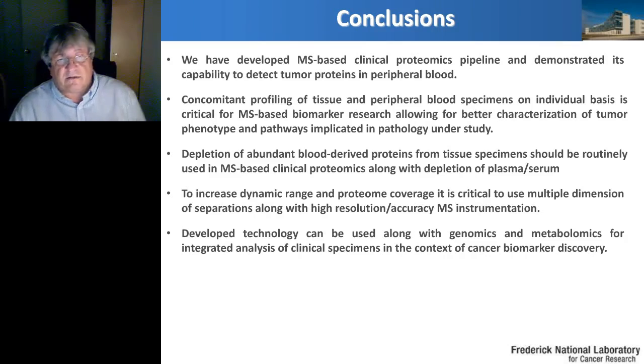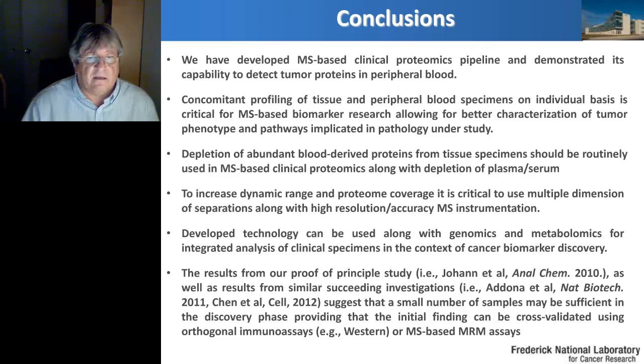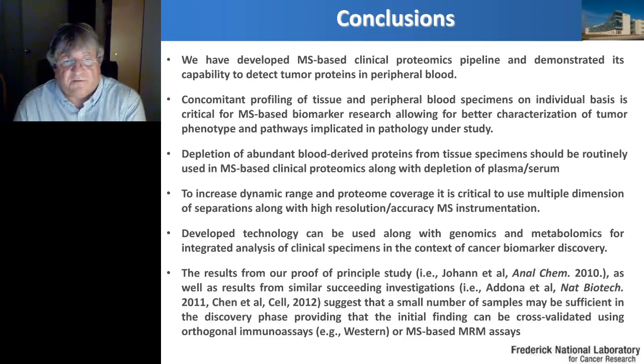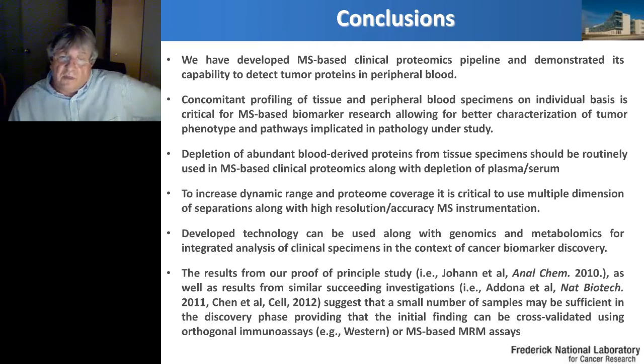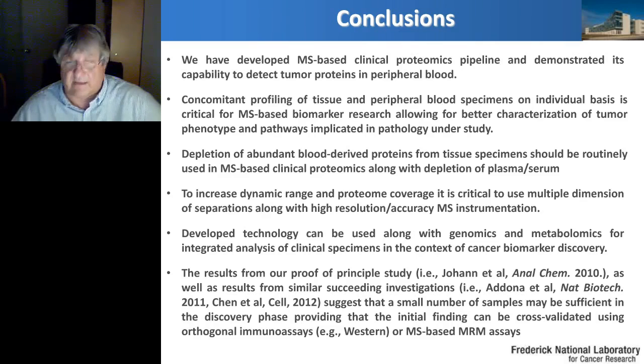And this technology that we developed can be used along with genomics and metabolomics for integrated analysis of clinical specimens in the context of cancer biomarker discovery and drug discovery. The results from our proof of principle study, which we published in 2010, as well as the results of similar succeeding investigations, suggest that a small number of samples may be sufficient in the discovery phase, provided that initial findings can be cross-validated using orthogonal immunoassays.